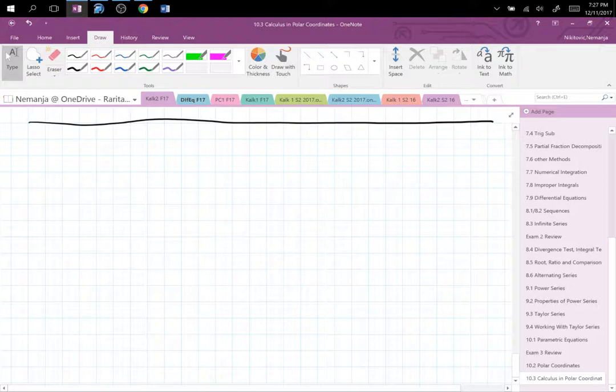So d theta does not give us a dimension like dx gives us the thickness. So both of your area dimensions are in r squared. That's where the two dimensions for the area come from, the r times r, and d theta does not contribute to that.